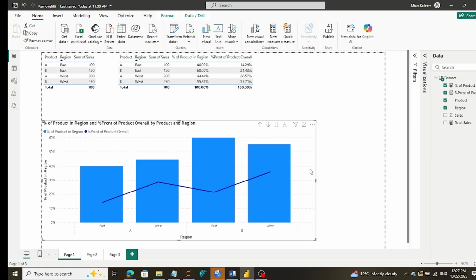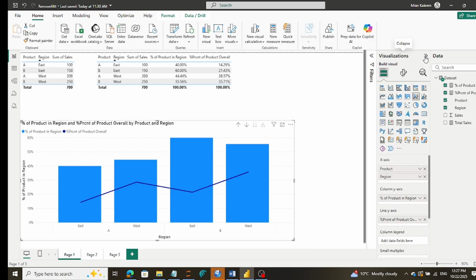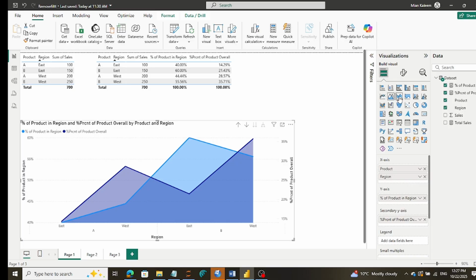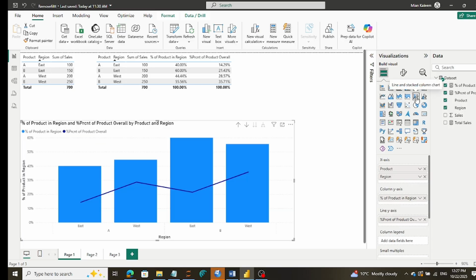For that graph we used the line and stacked column chart. You can use different ones, but I think this is the best one, where we see the region-wise values and then the overall.